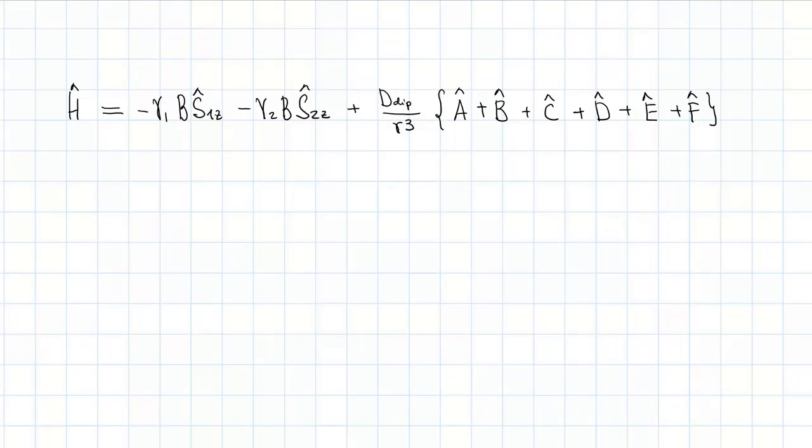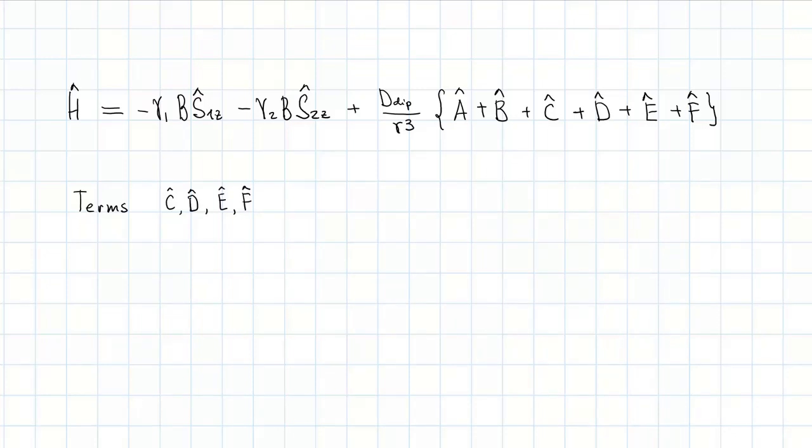It was shown that the term B did not change the eigenvalues and eigenvectors in the weak coupling limit. However, the term B was important in the case when the gyromagnetic ratios gamma 1 and gamma 2 are equal. Now the question is, what about the other terms C, D, E, and F?